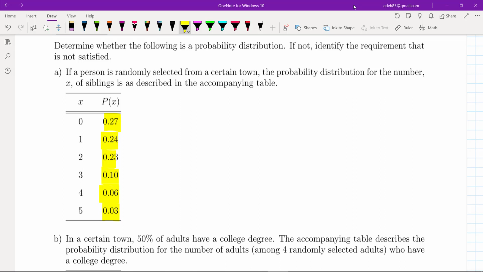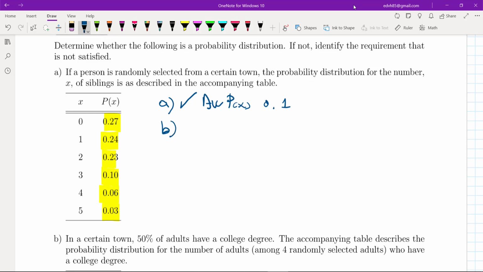Now, in this case, condition A is met because all P of x's are between 0 and 1. See, all these numbers are between 0 and 1.